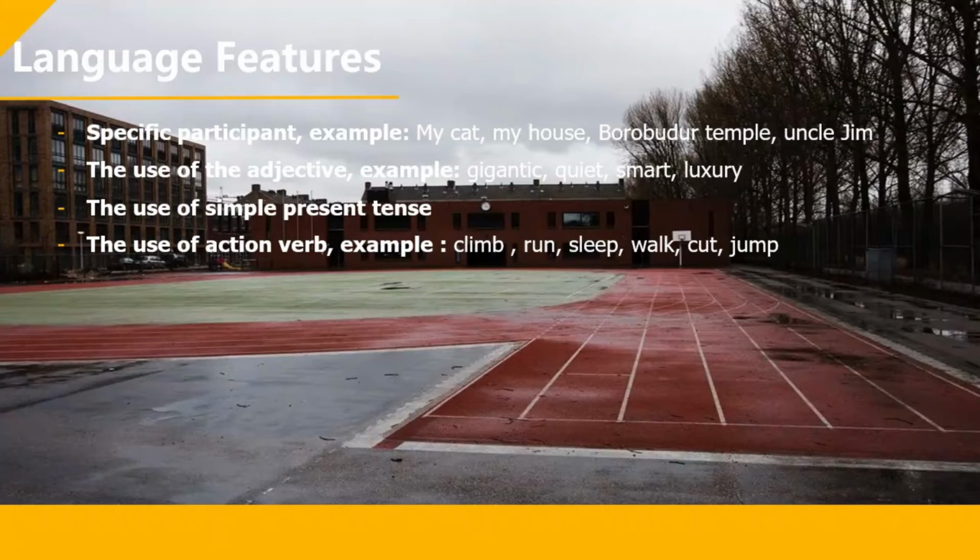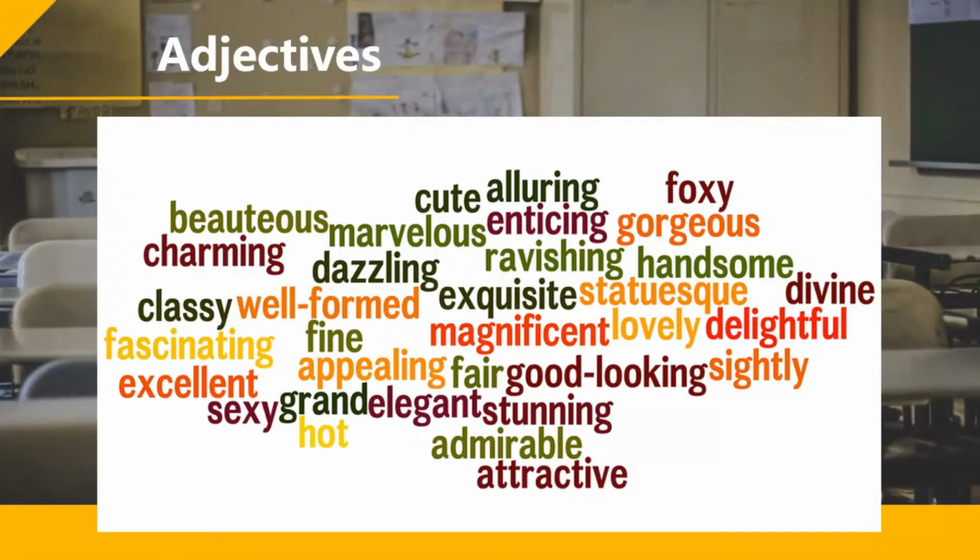And then the last one, the use of action verb, which is a verb that shows an activity, for example, climb, run, sleep, walk, cut, and jump. And then these are several examples of adjectives. You can see this. Okay, next.